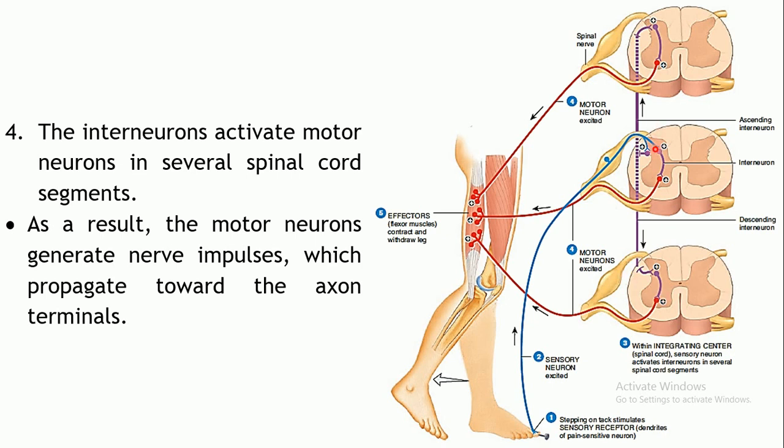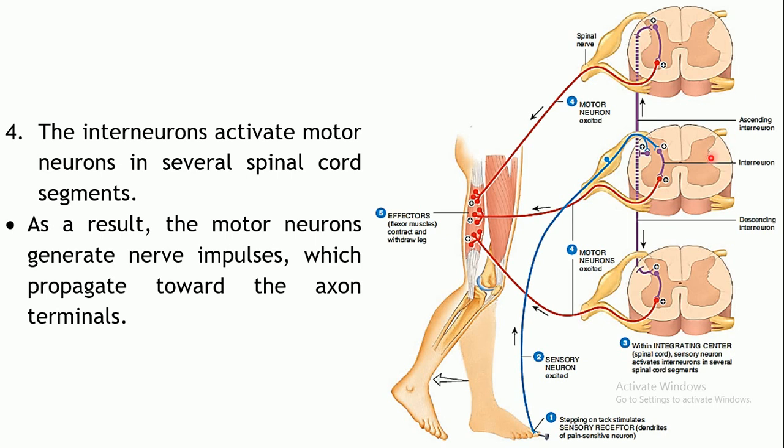Okay, so these interneurons which are getting activated in different segments will activate a motor neuron, right? So these interneurons process that information, that you have stepped on a tack and your leg must be withdrawn from that particular area.